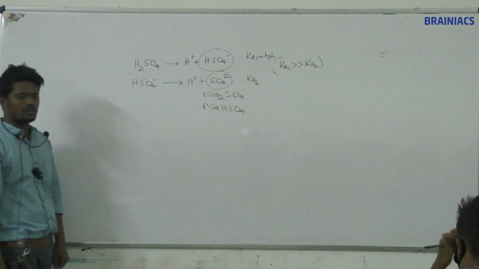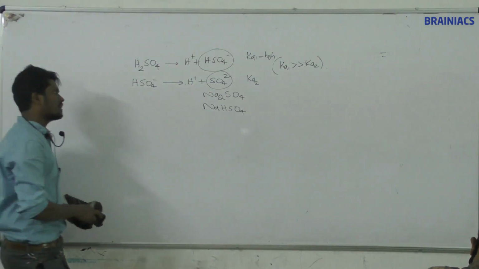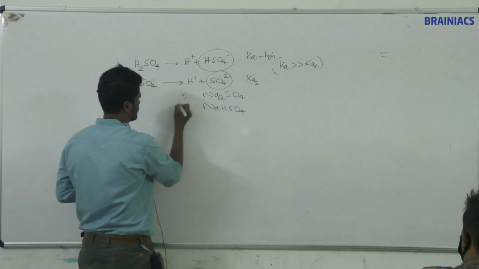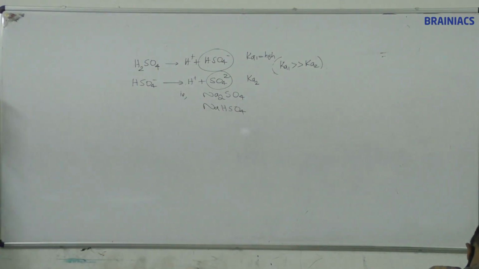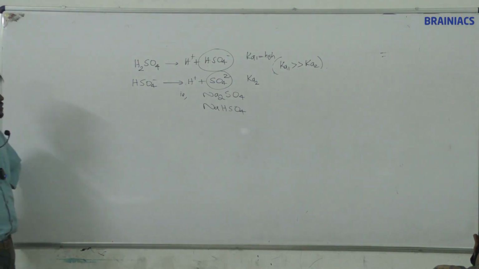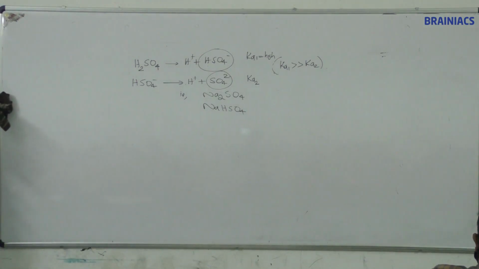So it gives normal sulfate and hydrogen sulfate, Na2SO4 and NaHSO4.